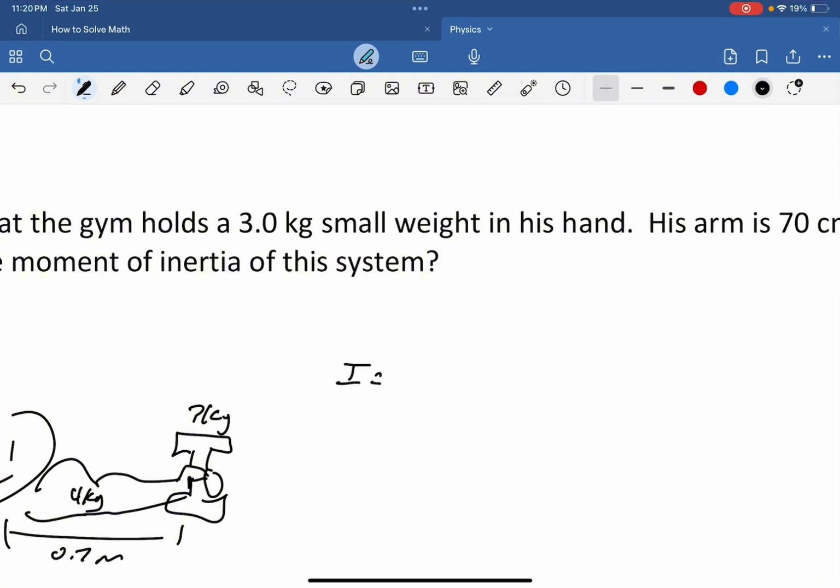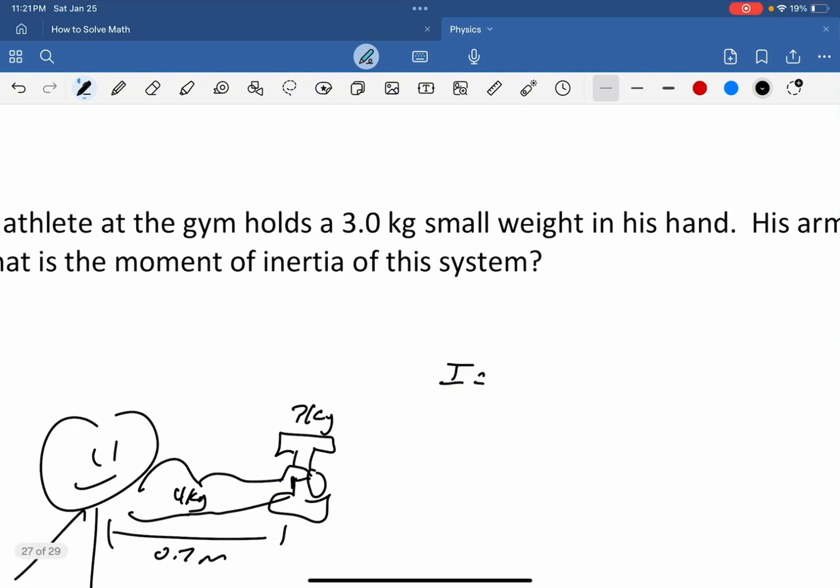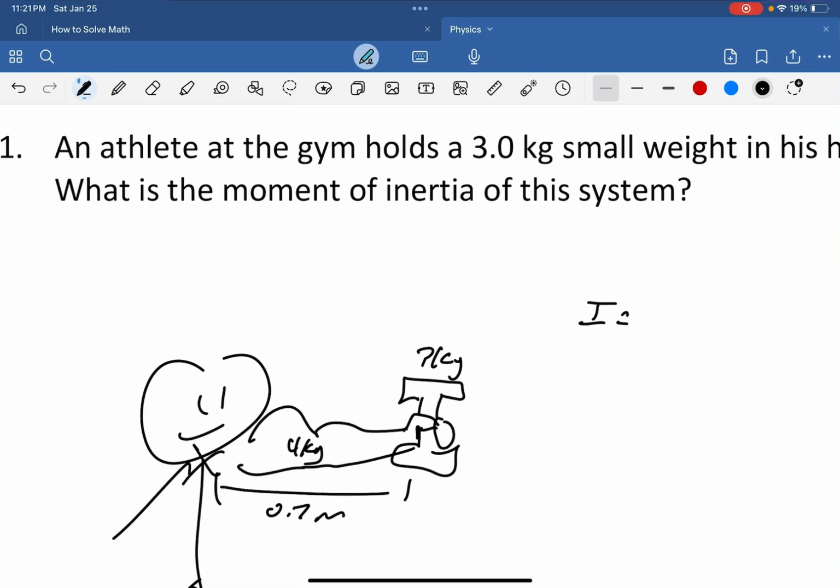I is going to equal, and this is where we use our equations plus just the normal moment of inertia equation. Oh yeah, our pivot point is right here.